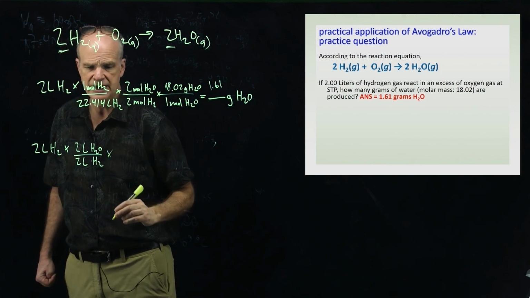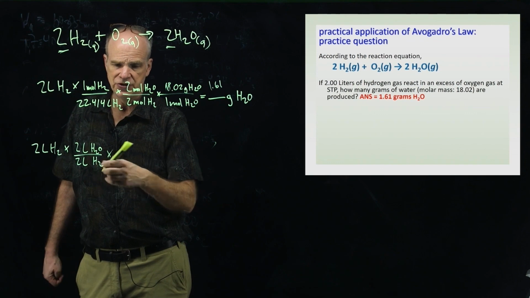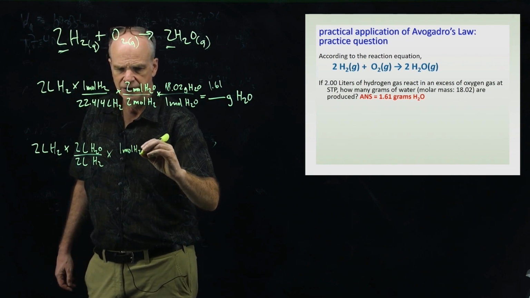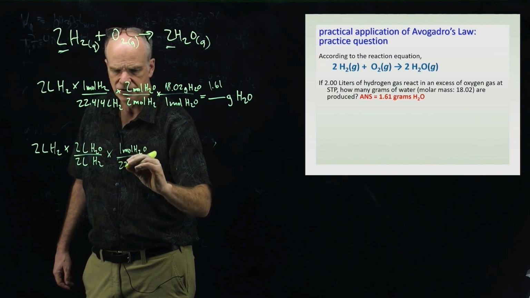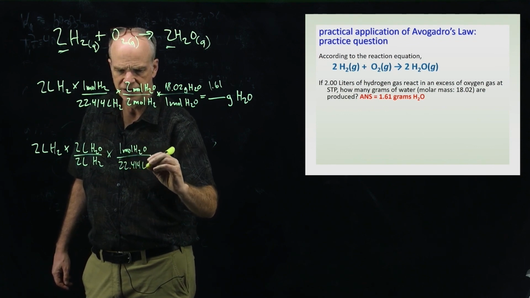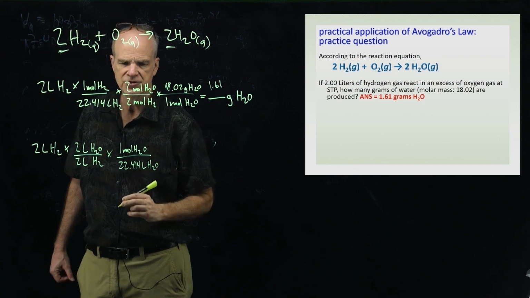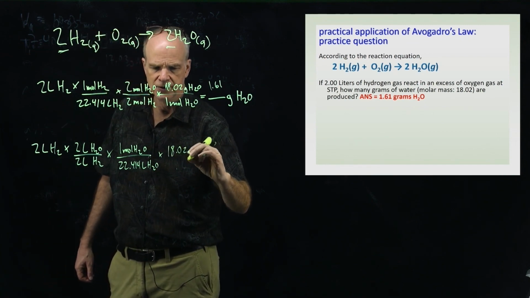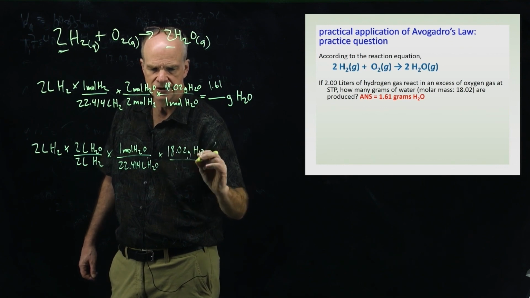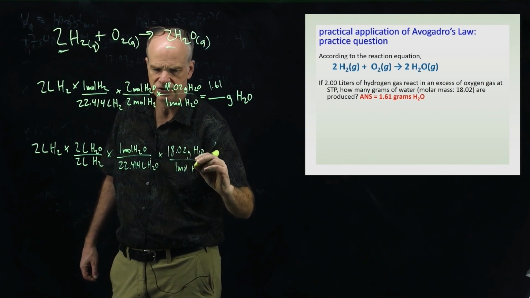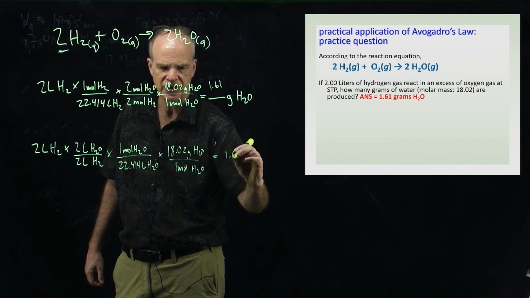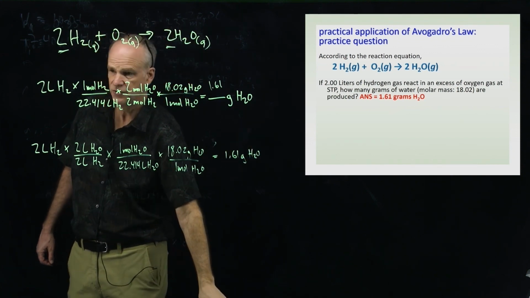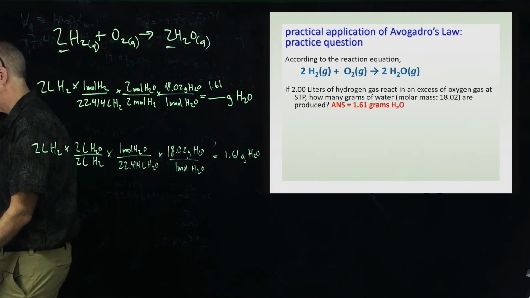Then you have to get this into moles water, so 1 mole of water is equal to 22.414 liters of water because we are at standard temperature and pressure. The final step would be to multiply this by the molar mass of water. If you do it this way, you should get exactly the same answer. So either way will be fine. Okay, so let's move on to a new concept here.